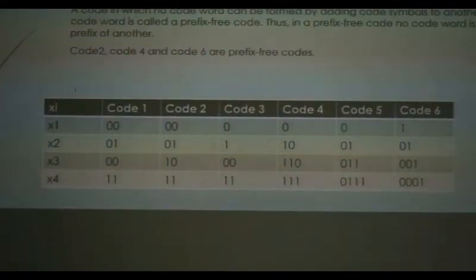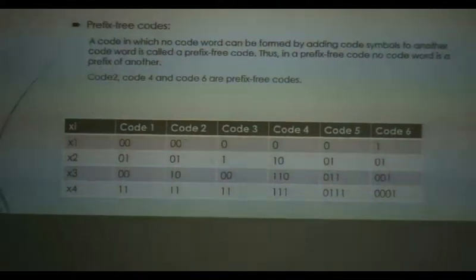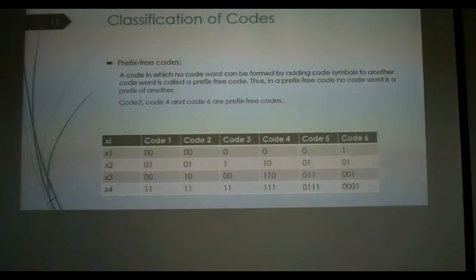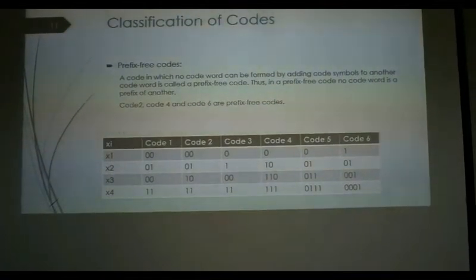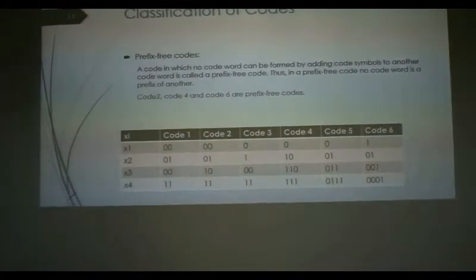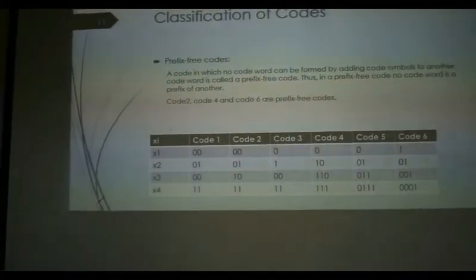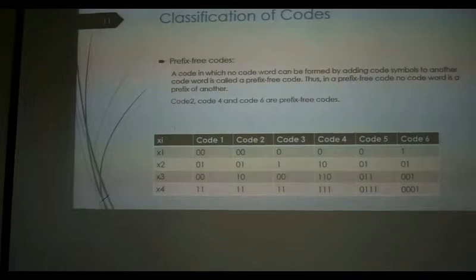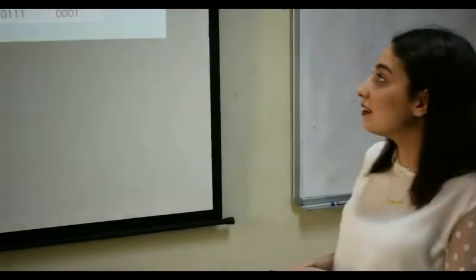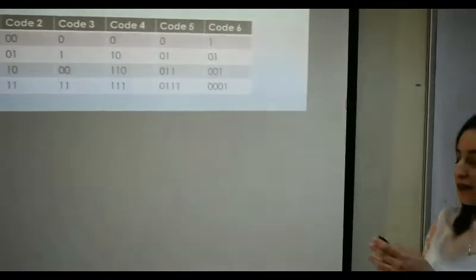So here we have our fourth classification, the prefix-free code. A code in which no code word can be formed by adding code symbols to another code word is called a prefix-free code. Thus, in a prefix-free code, no code word is a prefix of another. Here we have code 2, code 4 and code 6 that are prefix-free codes.